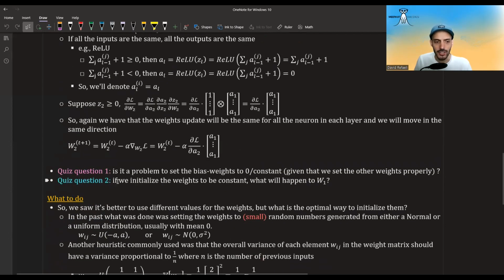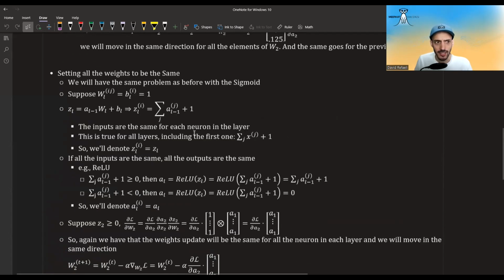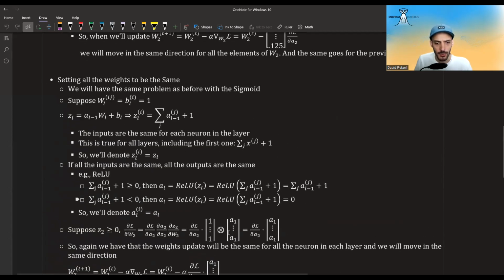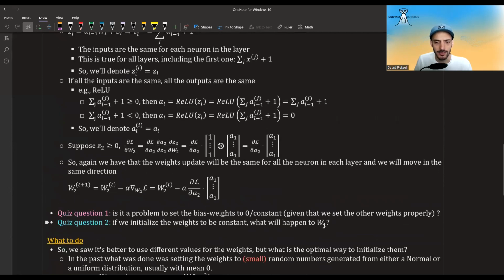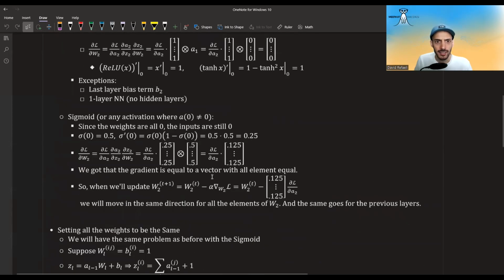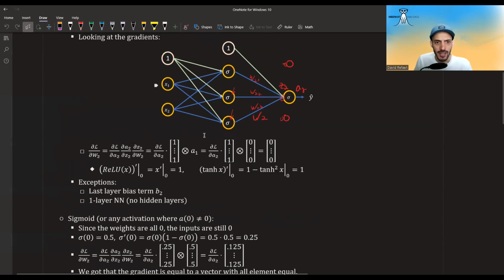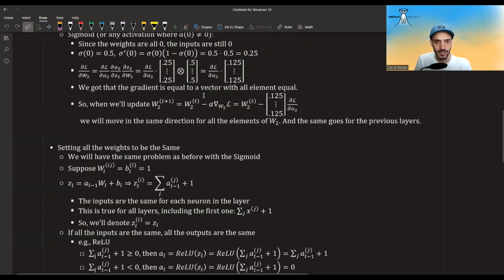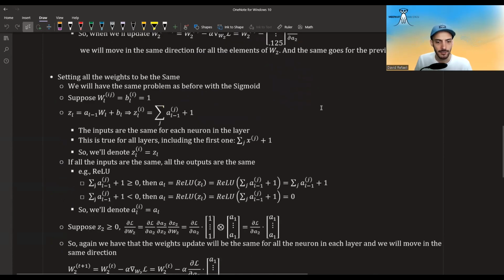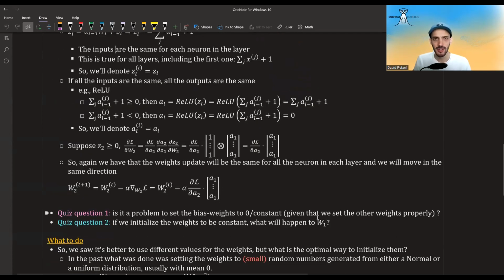And another quiz question is, if we initialize all the weights to be constant, so this is where we are, what will happen to W1? So what will happen to the first matrix over here? Will it also move the same or not? Okay, so something to think about. And to answer this, you might also need to freshen up your memory about the backpropagation algorithm and the videos that I made about that.